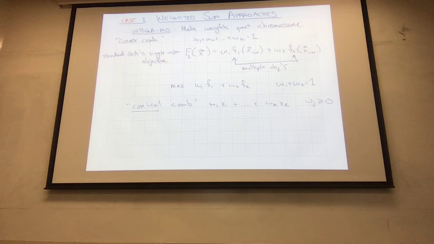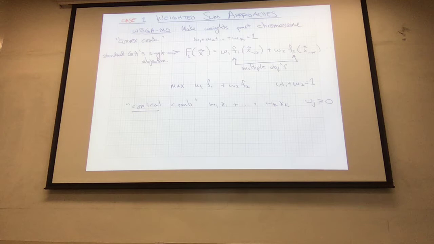And so, still motivated by the weight-based approach, the other subclass of the weighted sum approaches said, well, let's modify the GA a little bit, and give the GA all of our multiple objectives. But then when we come around to the selection step, we randomly draw the weights.